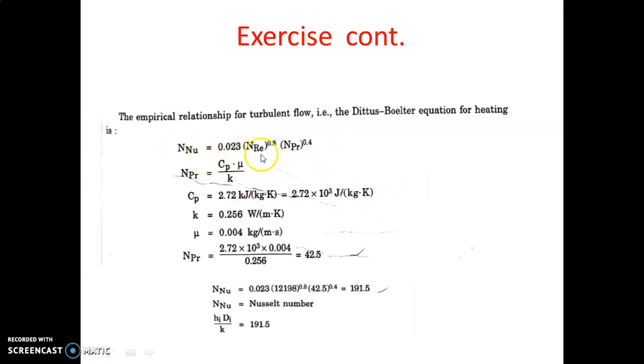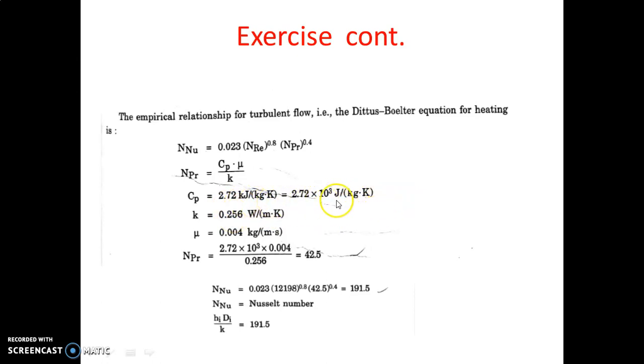So we have already calculated the Reynolds number. Then you have to calculate the Prandtl number, which is equal to Cp mu by K. Cp is nothing but the specific heat of the fluid. This specific heat must be converted into joules per kg Kelvin because it is given in kilojoules.